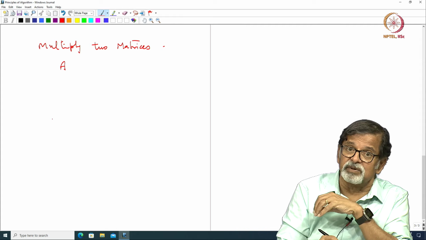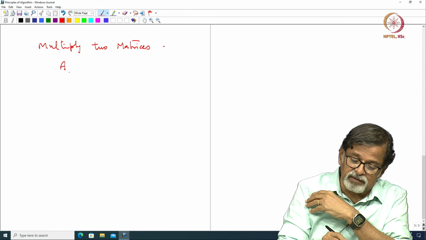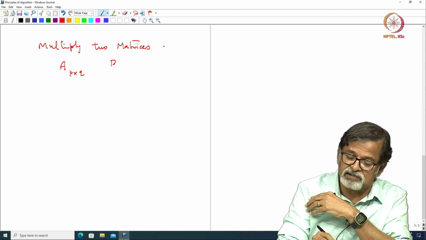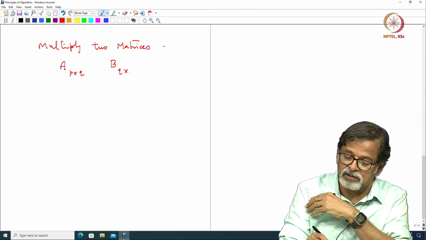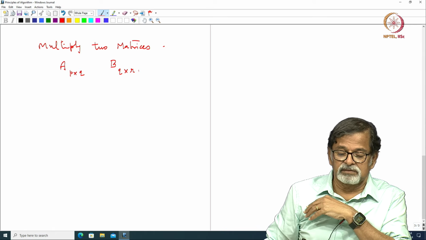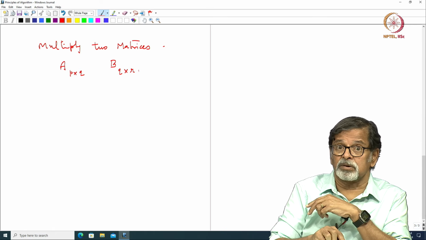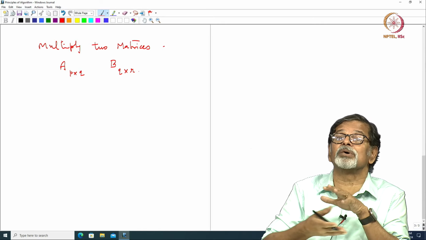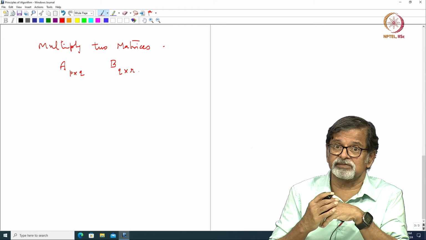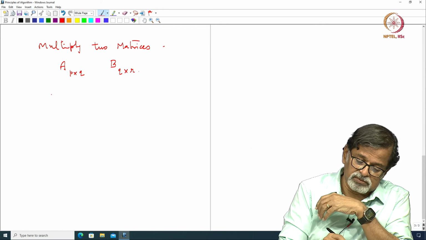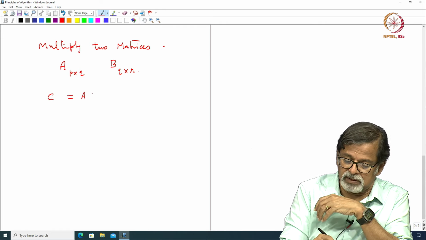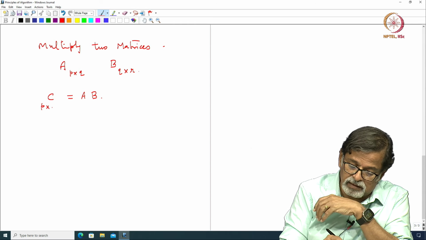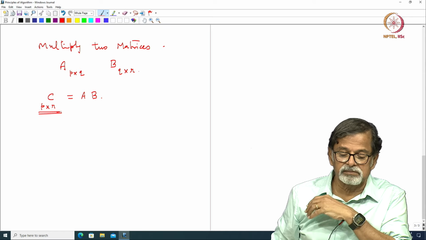A is a matrix and its dimensions are P cross Q, and B is another matrix, its dimensions are Q and R. Only when the number of columns of one matches the number of rows of the other can you define the matrix multiplication. So you want to compute C equal to AB. C is a P by R matrix.